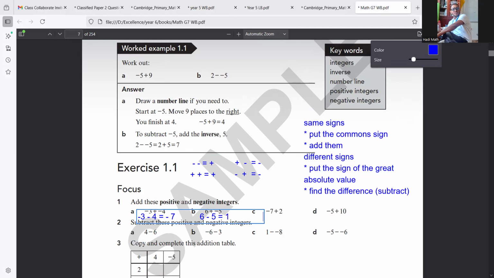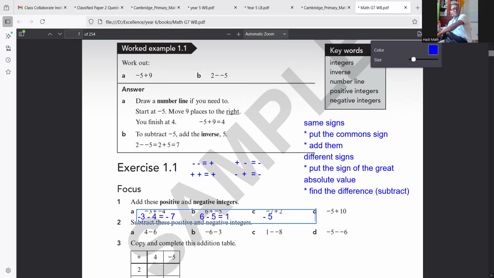Or you could just look at the two numbers without sign: 7 is bigger, and the sign of it is negative, so you put the negative sign. Step number 2, find the difference or subtract. The difference between them is 5. So the answer is negative 5.